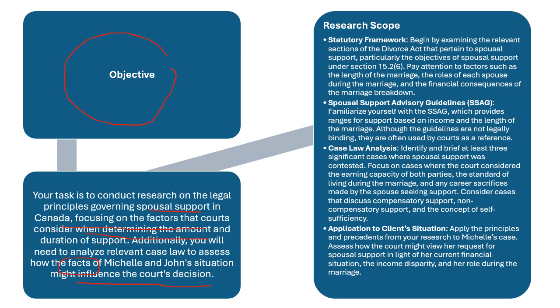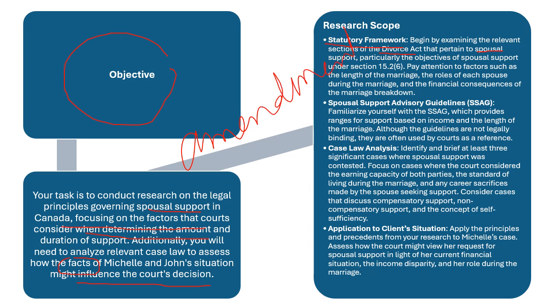How far do you have to research? What's the research scope area? First, you have to look into the statutory framework, the main legislation. Here it would be the Divorce Act, because spousal support is directly covered under the Divorce Act. I will show you that later on from the official website also. Then go for any other advisory guidelines and any recent amendments.